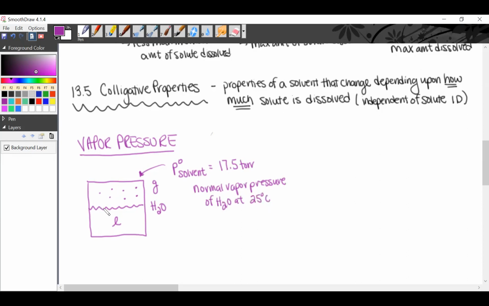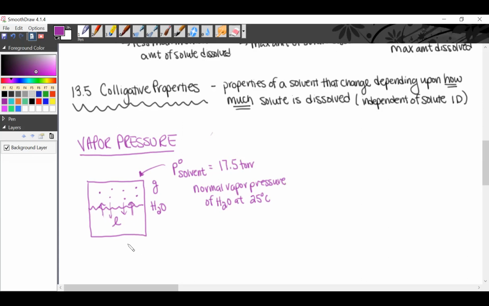That's just naturally how much of this liquid goes up into the gas phase through evaporation. Remember, they're going up into the gas phase and condensing back down into the liquid phase. And however much pressure is up here at any given time, because it's at equilibrium, that's your vapor pressure.